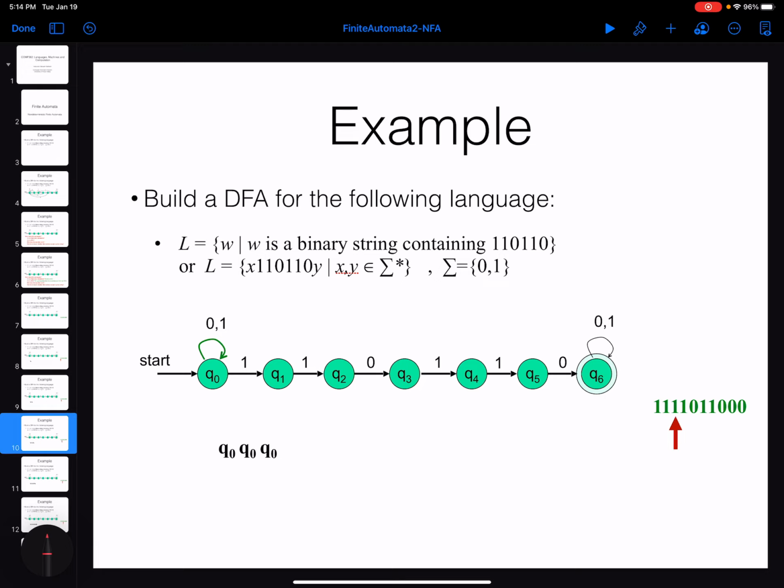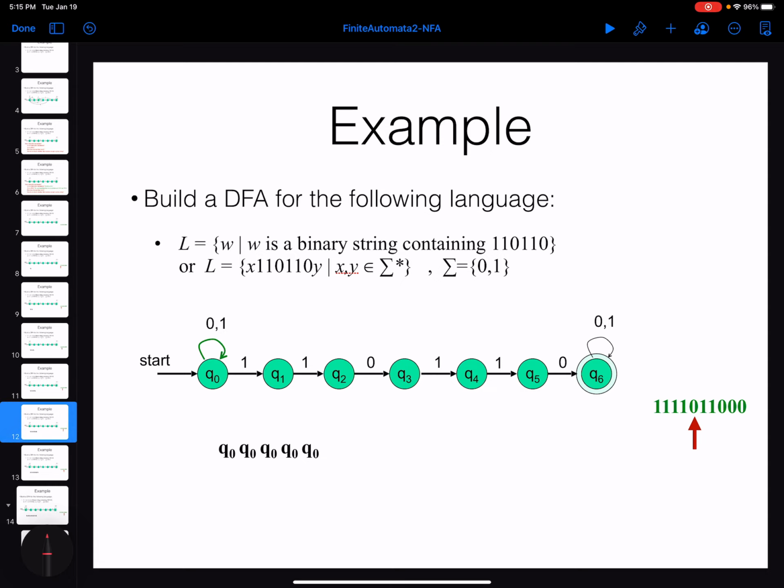For the next symbol, again wait at Q0, and for the next symbol, wait at Q0. For the next symbol, which is 0, if you are at Q0 you have to stay because there is no other transition. For another 1, you have two options: you can either stay at Q0 or go to Q1. This time, we choose to go to Q1.